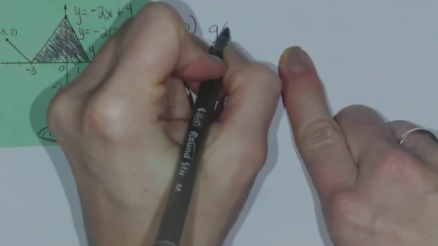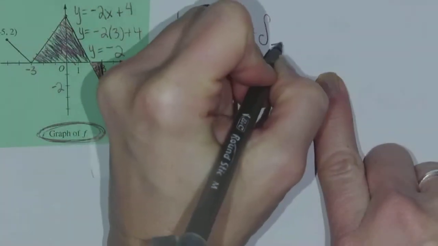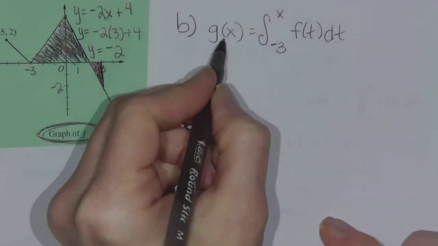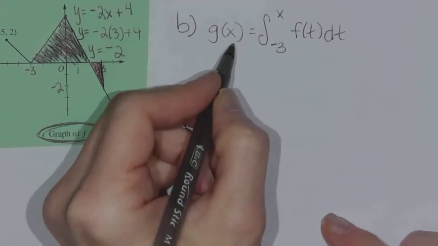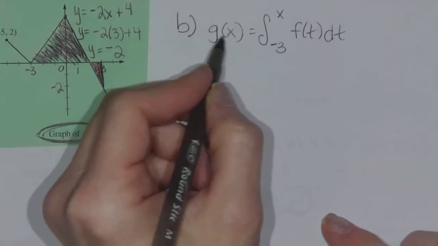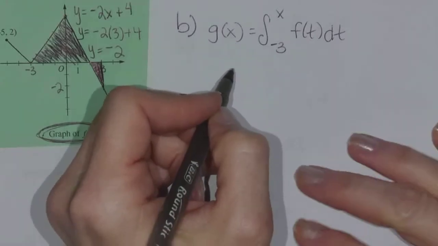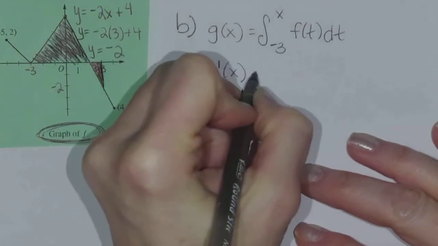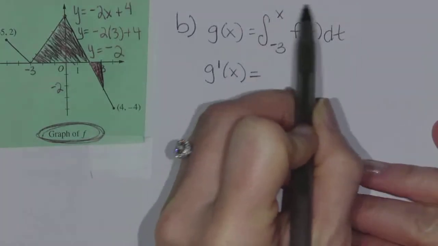So I want to kind of start from a point that goes like this. I want to start back with g of x. Let's go back to that given. G of x is the definite integral from -3 to x of f of t dt. Now, we want to know when g is increasing. Well, if I remember correctly, increasing behavior is defined by g's first derivative. So we know that g prime of x will be equal to the derivative of this definite integral.